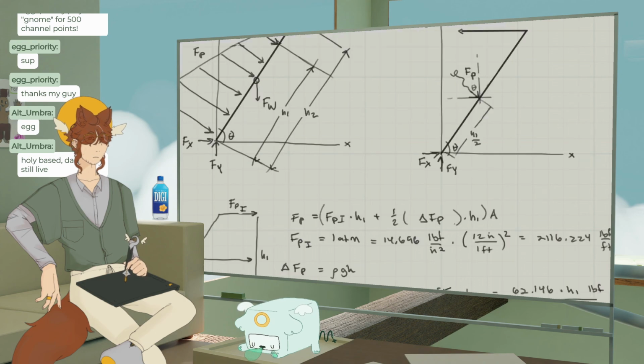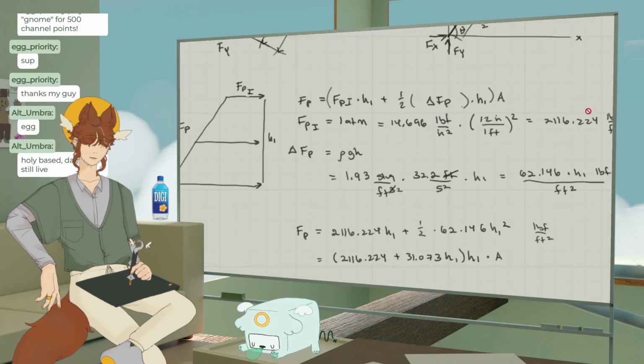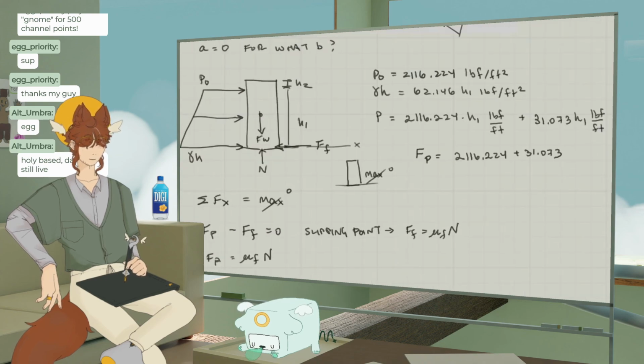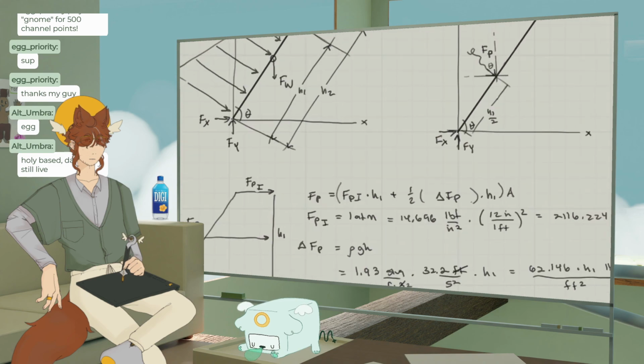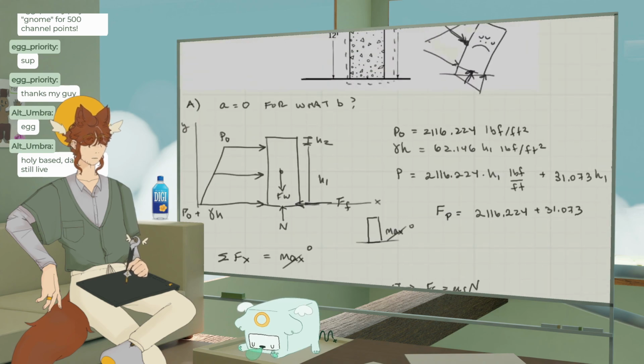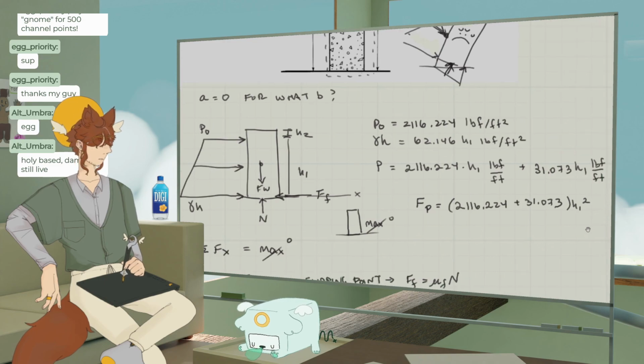Why did I square that? What was I doing? Okay, I don't know. Maybe I put an extra h in there. Anyway, I think it's just this times h1 squared. It's my best guess.